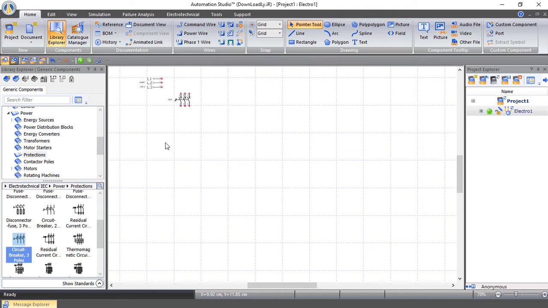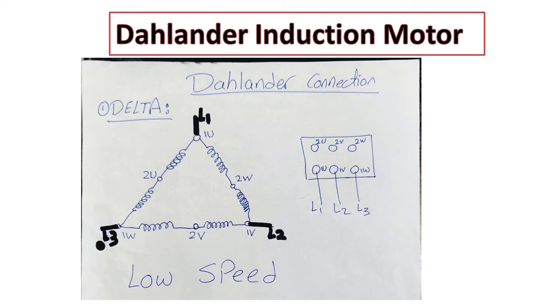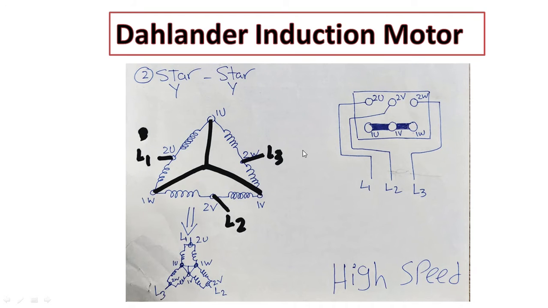Now we need 3 contactors because as you can see here inside the delta connection we only need to connect the power source L1, L2, L3 to 1U, 1V, 1W. So we only need one contactor. But in case of star-star connection or double star connection, we need to supply the power source to 2U, 2V, 2W.